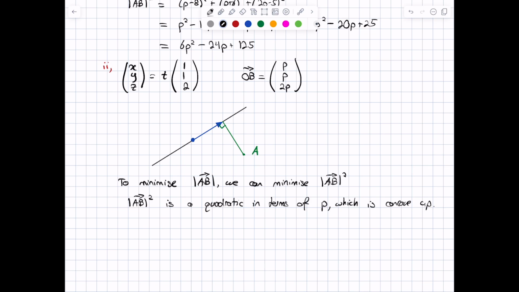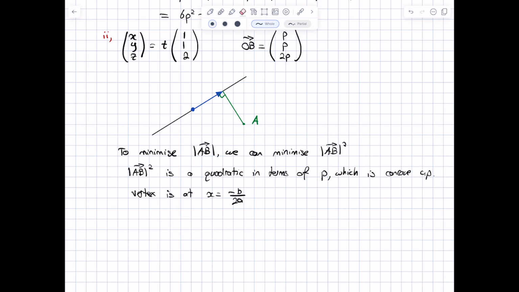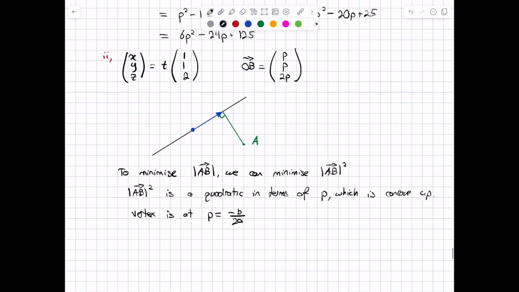Now, how do I find the vertex of such a thing? Well, I can just use the simple formula, x equals minus b on 2a. Well, probably shouldn't say x, I should say p. The vertex is at p equals minus b on 2a. So that'll be minus negative 24 divided by 2 times 6.